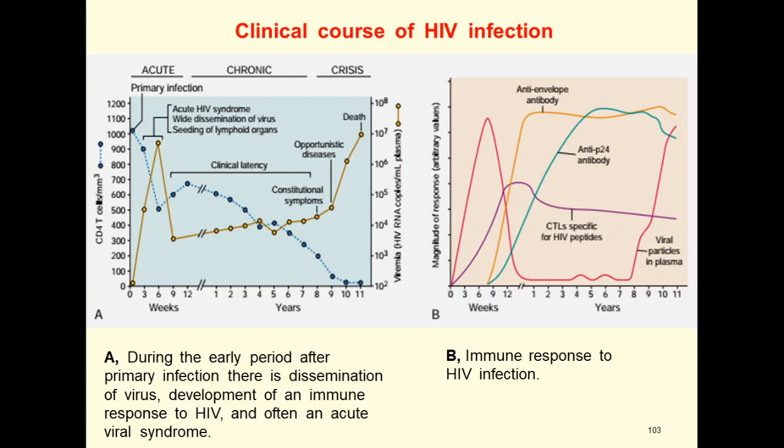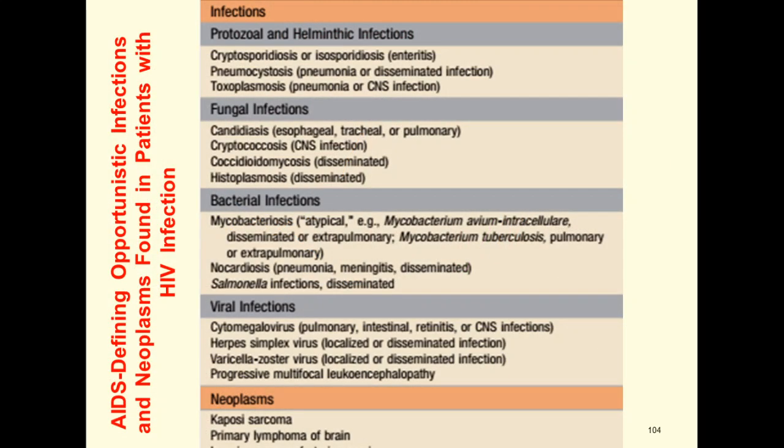Next is pre-AIDS. And the last one is AIDS. Clinical manifestation is predominantly characterized by pre-AIDS and AIDS.